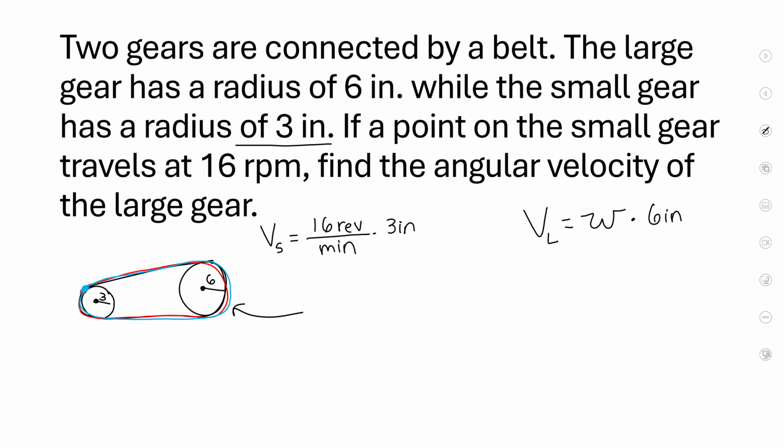Just because this is a smaller gear doesn't mean it's going to speed up or slow down. This point is just going to rotate. If you ever see a bicycle wheel or something like that, or the gears, they just move at the same speed, okay? So that means the velocity here is the same as the velocity here. What is different, though, is the angular velocity. It's going to take a much longer time for this to rotate than for this to rotate.